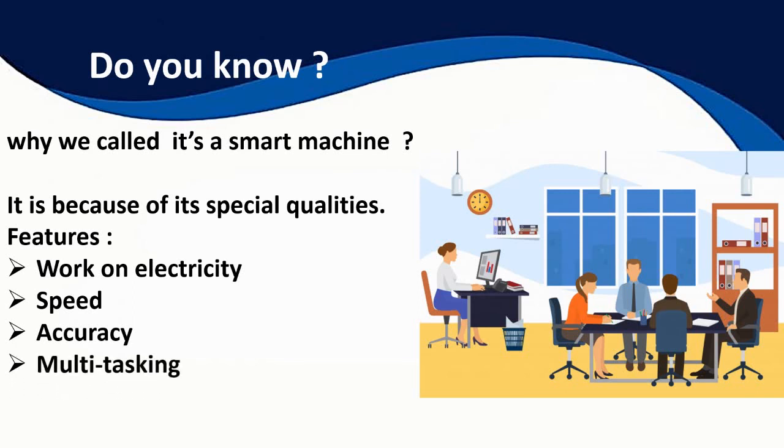Multitasking: it can do many things at a time, like we can do drawing and listen to music together. Store information: in computer, we can store many files and lots of information. So, computer never gets tired.